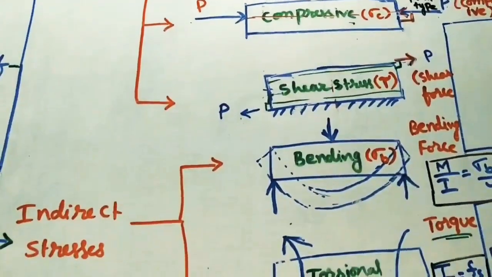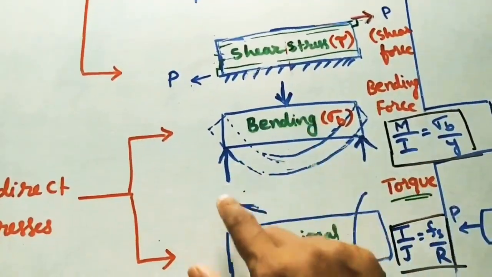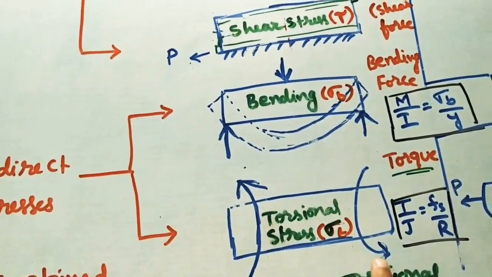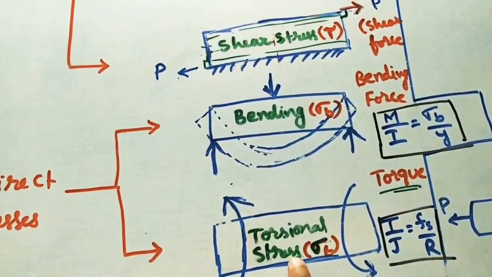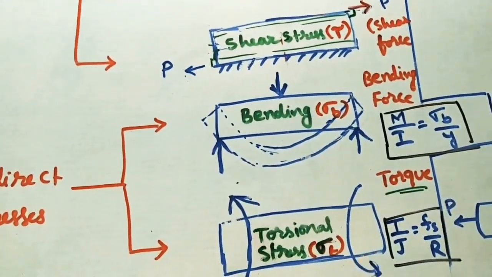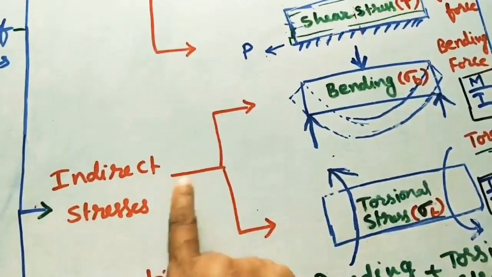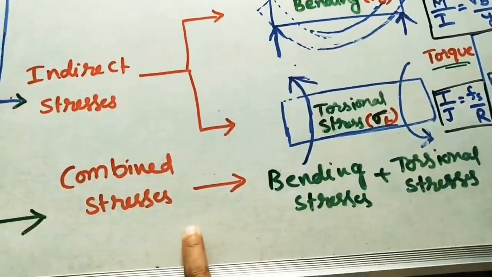And the next category is indirect stresses. Here we are applying forces directly on the object, but bending stresses and torsional stresses will develop indirectly. Because of direct forces, indirect stresses will develop. Those are called indirect stresses. And the next one is combined stresses.